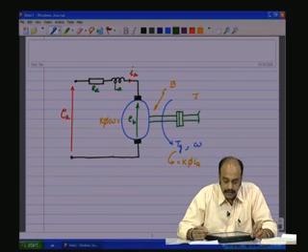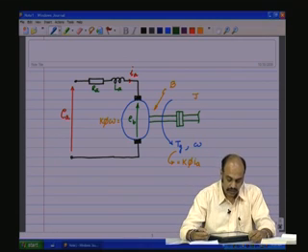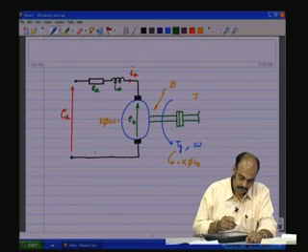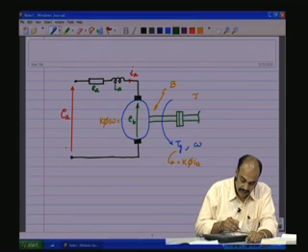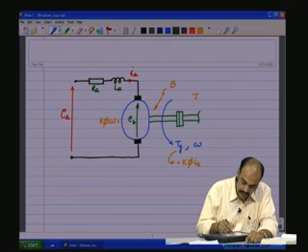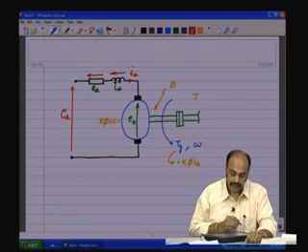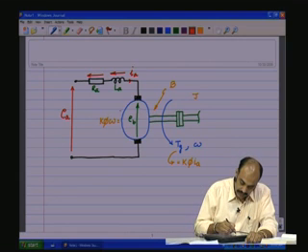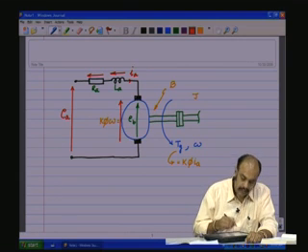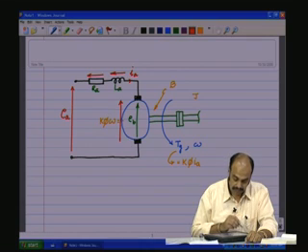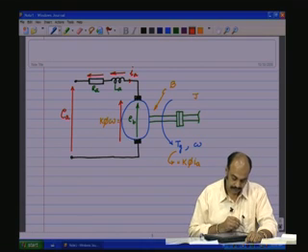Now, we can apply Kirchhoff's voltage law to the electrical domain here. You see that the applied voltage is EA, there is a voltage drop across RA, there will be a drop across the LA inductor, and then of course, there is a drop that gets developed across the brushes because of the rotation of the armature, that is the generated EMF or the back EMF, and that is called EB.